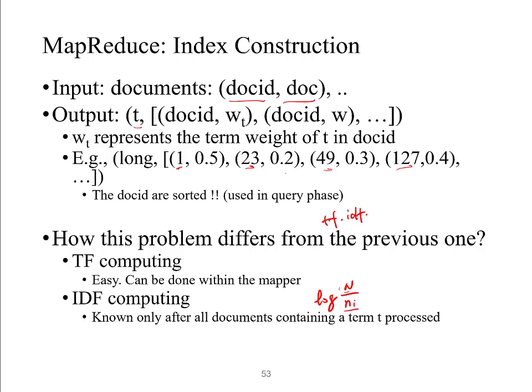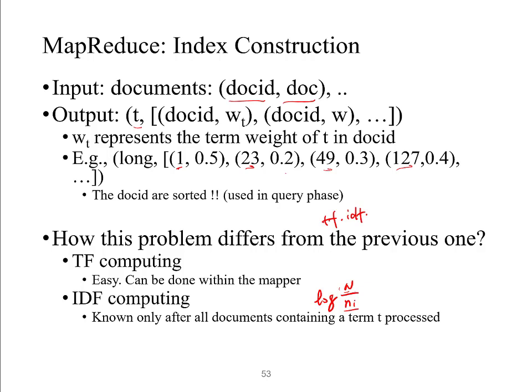This will not be known until we have got all the documents that contain the term t. In other words, it is very possible that we can only know this n_i in the reduce part.